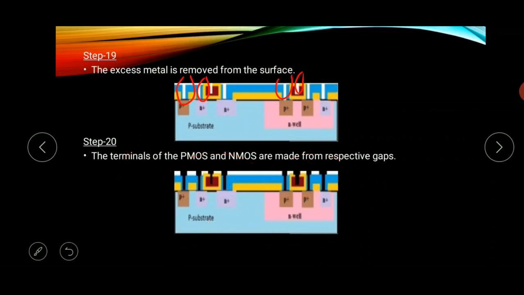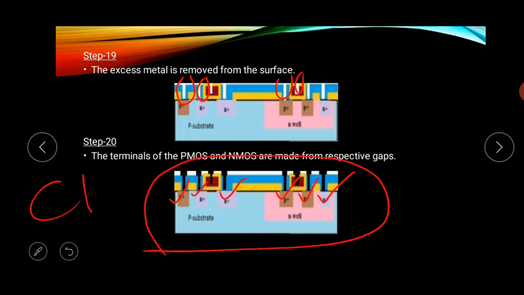Then on the sides of the gate, one of it acts as source, another one acts as drain. Like this, here one acts as source, another acts as drain. Then this one is the body terminal in NMOS and this one is the body terminal in PMOS, and this whole is the CMOS.